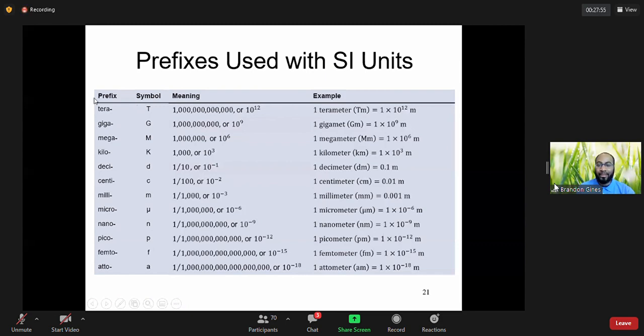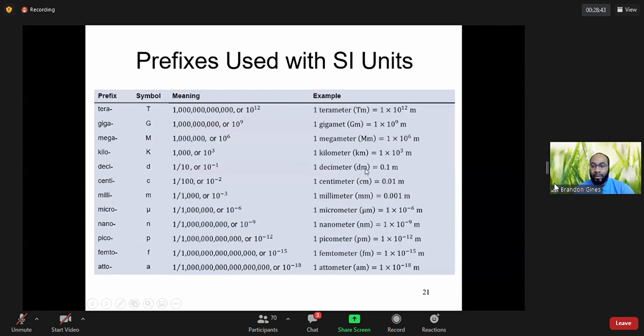So you guys have to know this. What you have to know here is these prefixes, the symbols for these prefixes, and their equivalents to the standard unit. In your homework and at exam time, you're going to be performing calculations that convert between these prefixes, or between decimeters and meters.